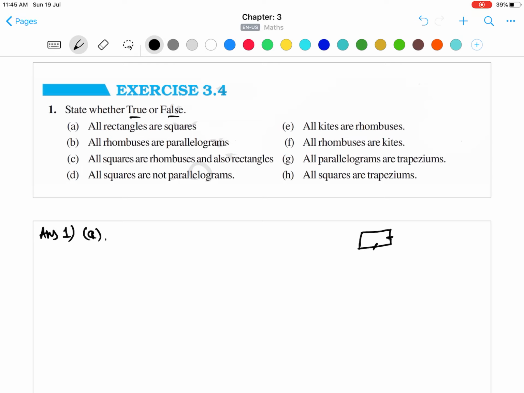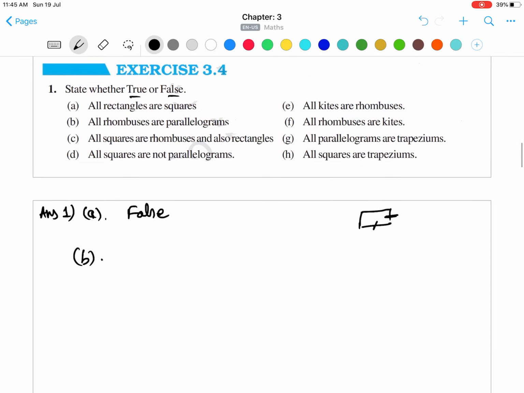So in this case it cannot be stated as a square. So it's false. For a shape to be a square, all four sides have to be equal.